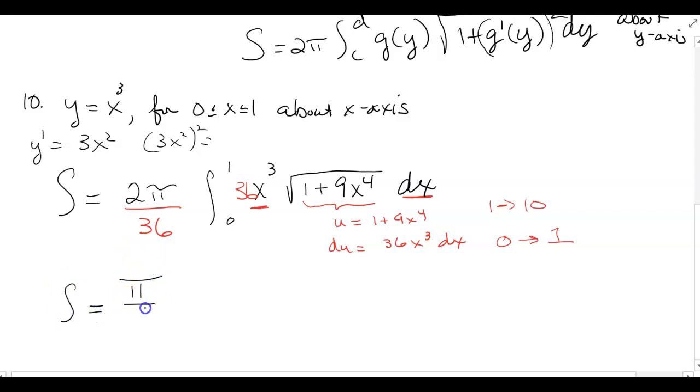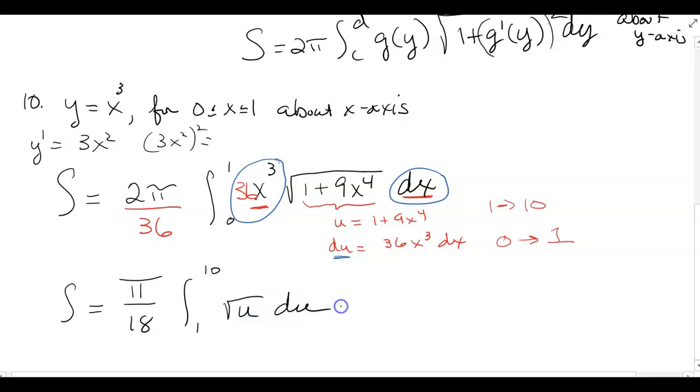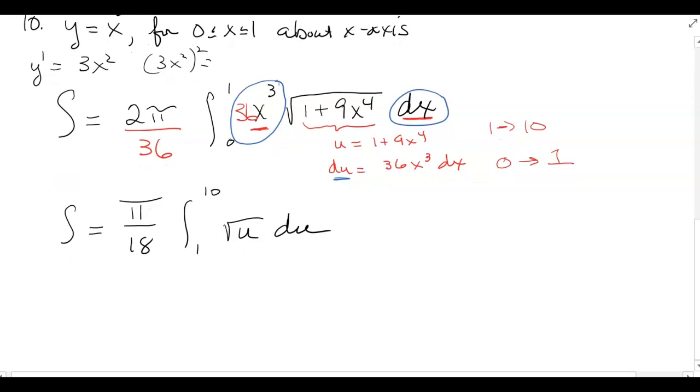So that's pi over 18. Let's go from 1 to 10. The 36x cubed dx, all of that, I'll circle it, simply becomes du. And we have radical u du. Again, because we changed the limits, we no longer have to go back. We can just finish the problem out with our u's.